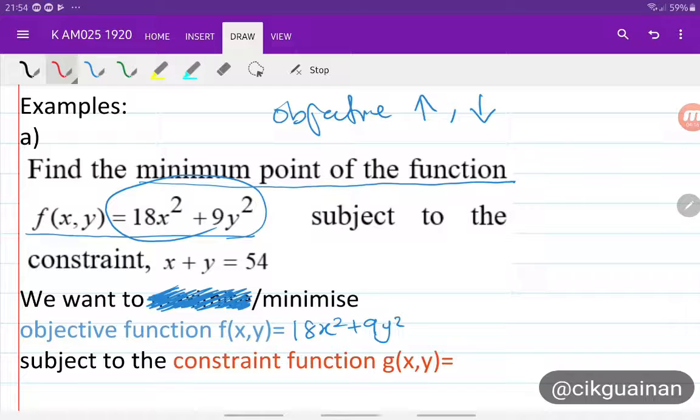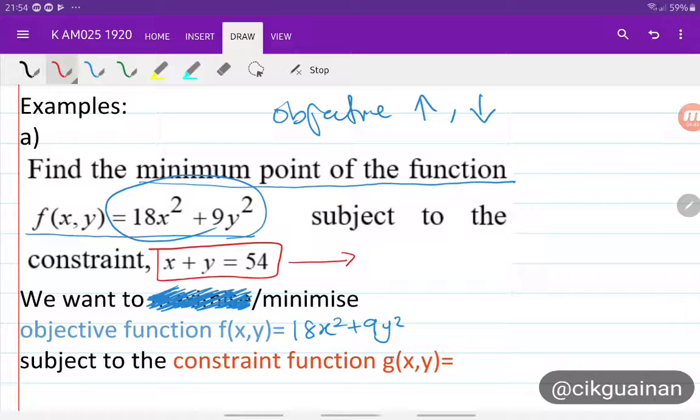Now, the next one is how to find the constraint function. As we discussed earlier, the constraint function is the one that bounds or restricts the objective function, so it cannot go past certain criteria or parameters. Here, the constraint function is x plus y equals 54. But we have to adjust this a little bit.